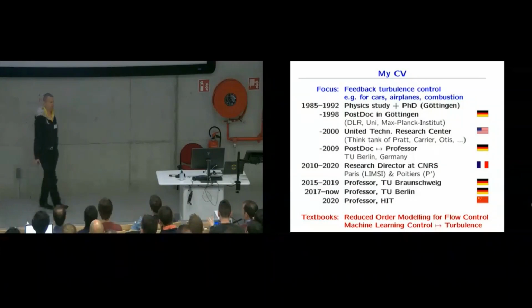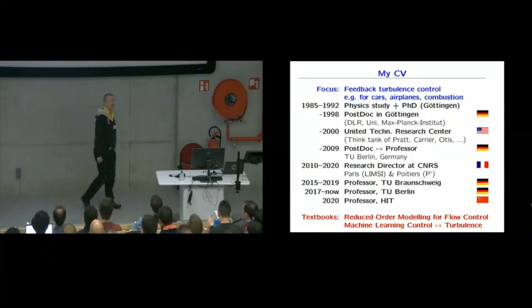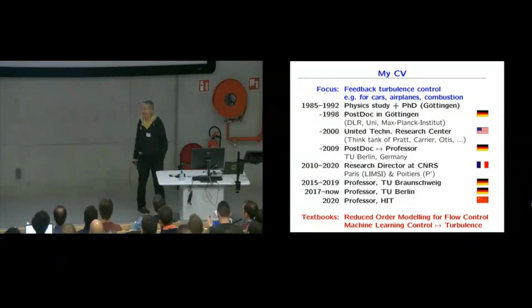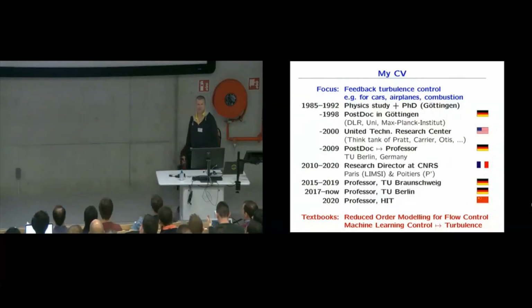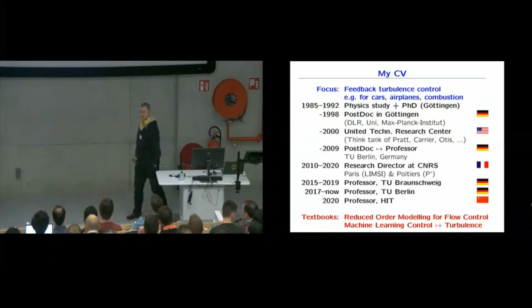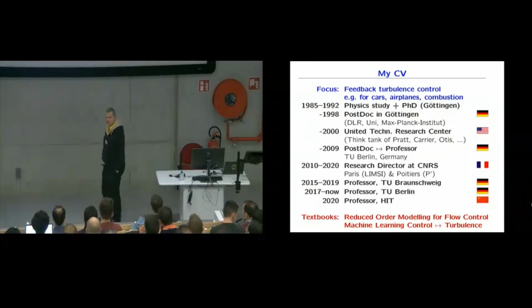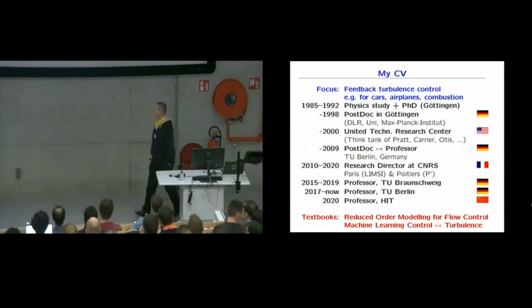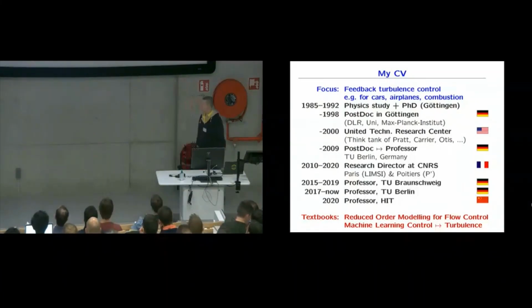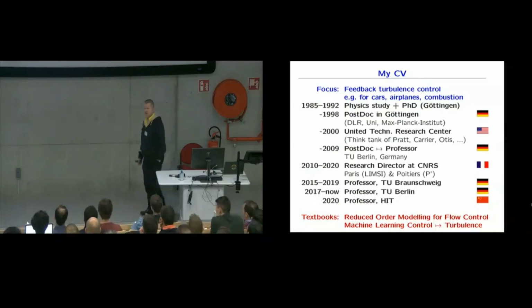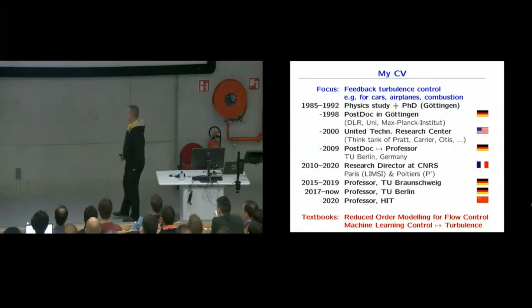It was a very formative period of my time. And then at TU Berlin, I became a first-time professor. And then I switched to the CNRS. So CNRS is something like the Max Planck analog in France, as a research director at 2 different institutes. I had a couple of affiliations. I name 2. And since last month, I'm professor at the von Karman Institute of Technology.